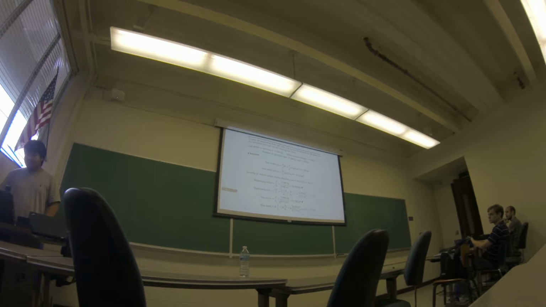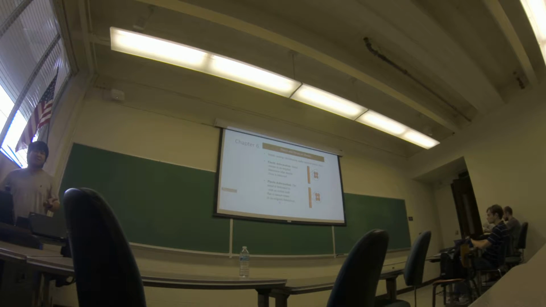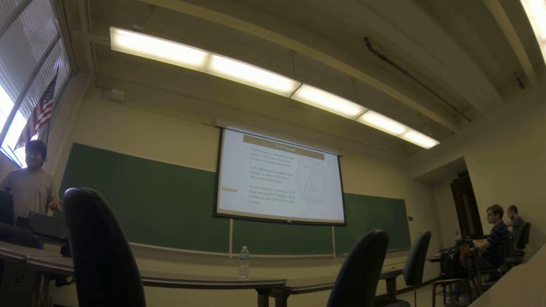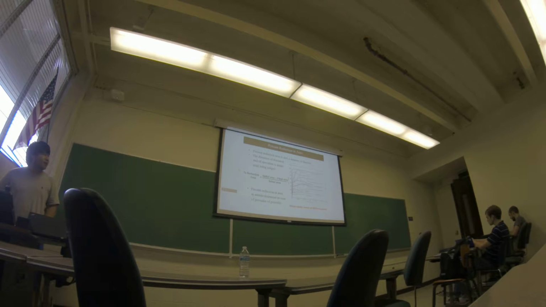Just a quick review: you need to know what the engineering stress, engineering strain, Young's modulus, true strain, true stress, and yield strength are, and how to calculate percent elongation and percent reduction in area.